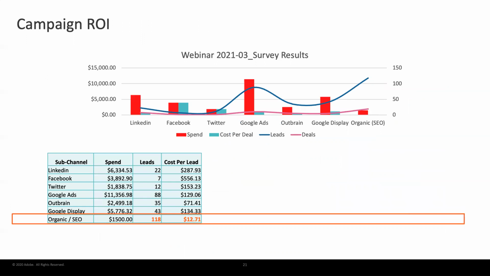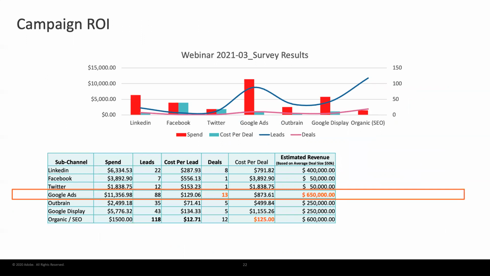So as we start to move from spend, leads, cost per lead, and we start to shift this down into both cost per deal and also, in this case, we're just calculating this out based on an average deal size of 50K. Not just cost per deal, but with the total deal, what does the estimated revenue look like?